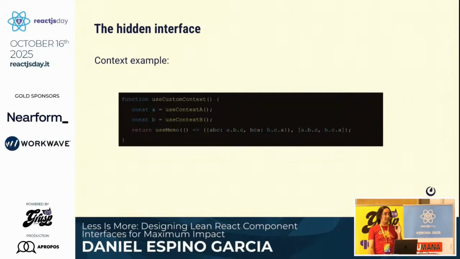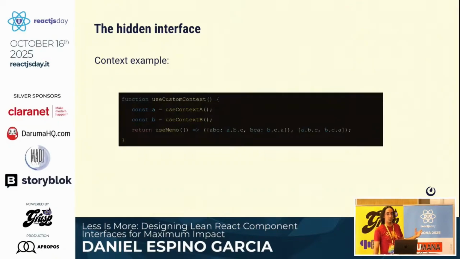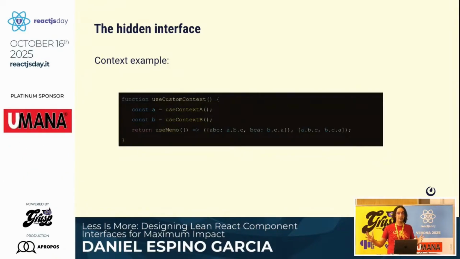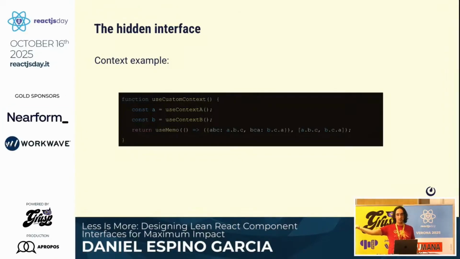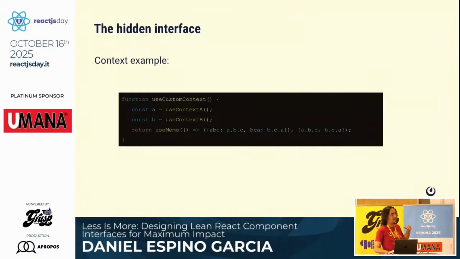Also, here the name is use custom context, but the name could be get me the post with this ID. And get me the post with the ID may come from the context, may come from the server, may come from the state. And if you ever want to change that, you only have to change it here, not change all the logic somewhere else. So this kind of wrapping also helps with that.